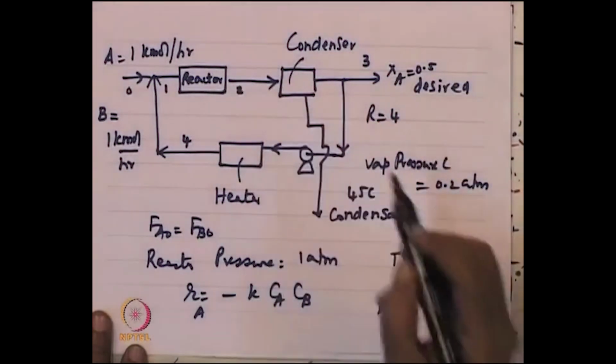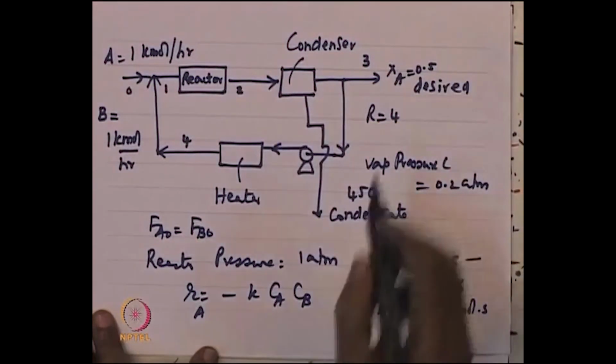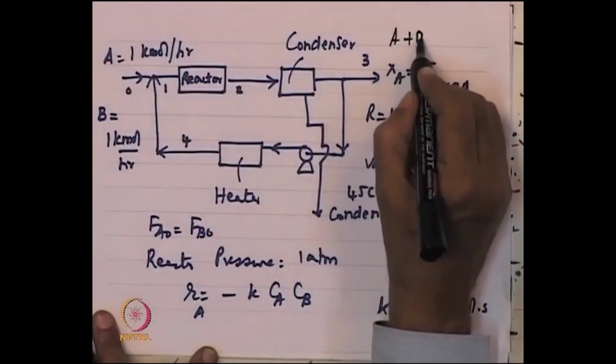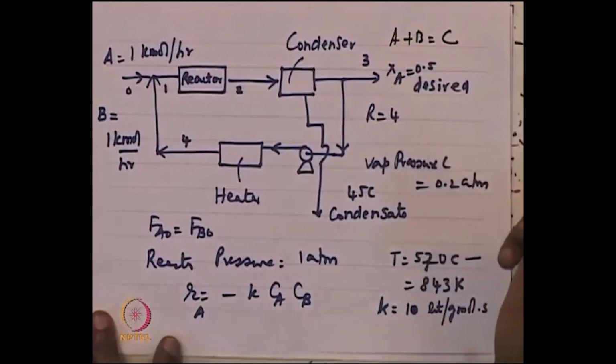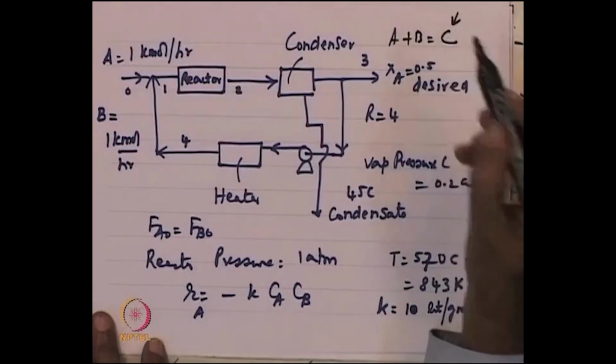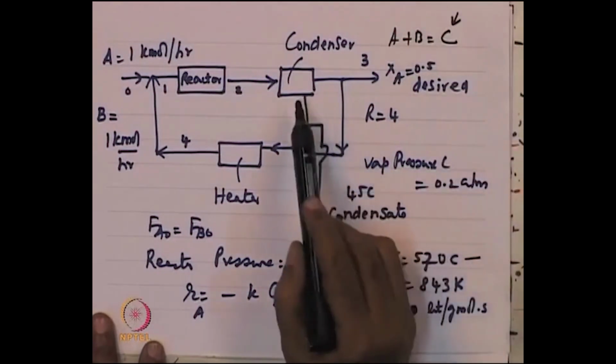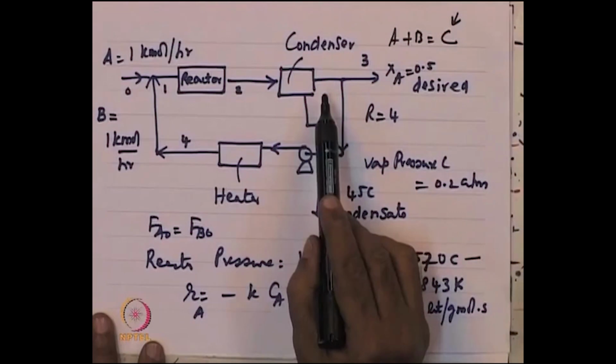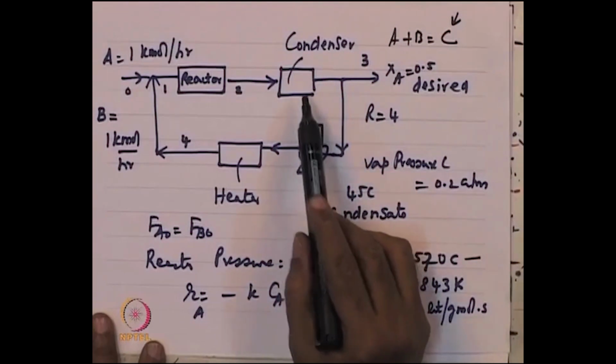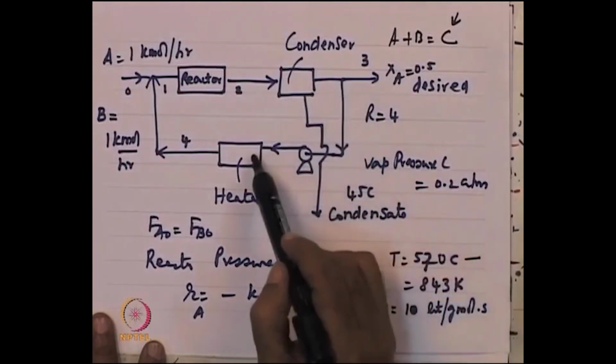Since this component A plus B equal to C, and since C is a condensable gas, you will find that this exit here, moment after condensation, you will find that this gas is always saturated with C.